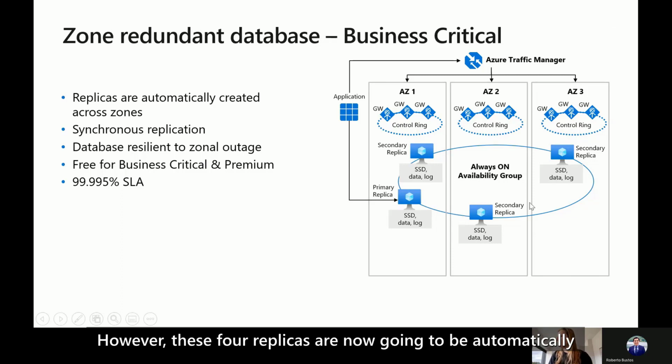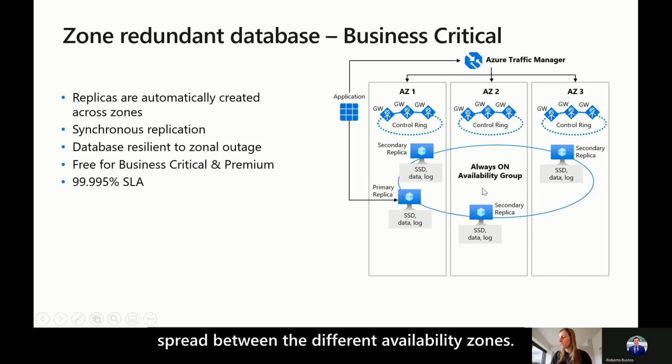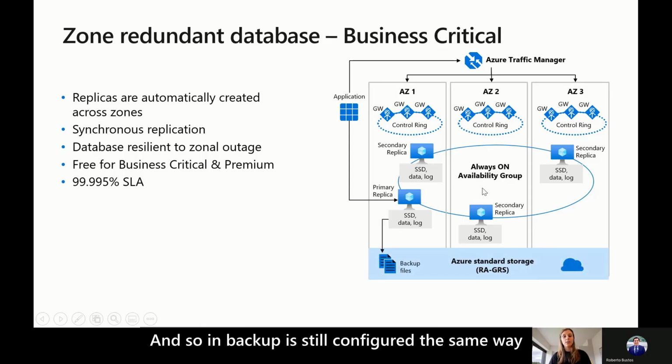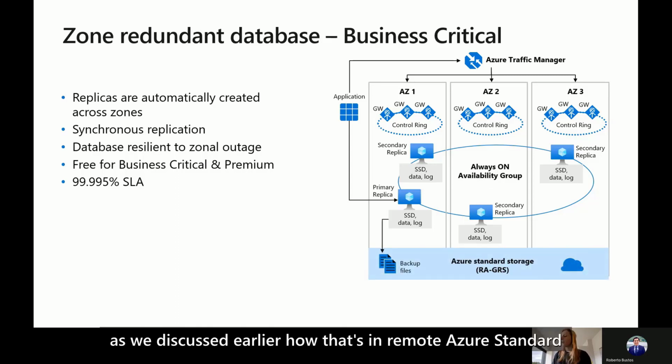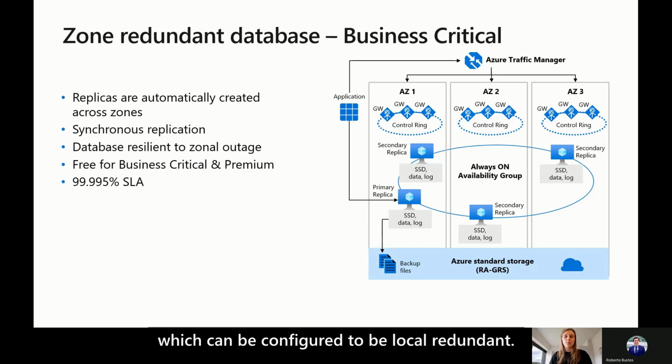However, these 4 replicas are now automatically spread between the different availability zones. Backup is still configured the same way as we discussed earlier, in remote Azure Standard Storage, which can be configured to be local redundant, zone redundant, or geo redundant.